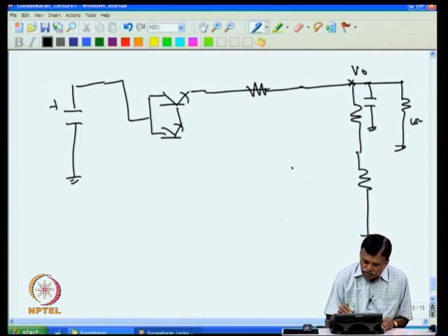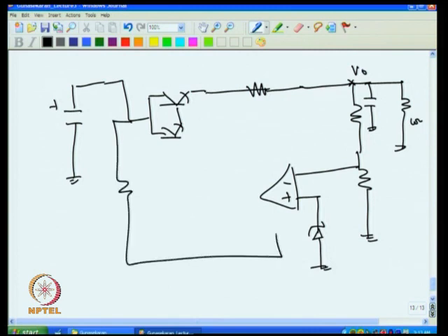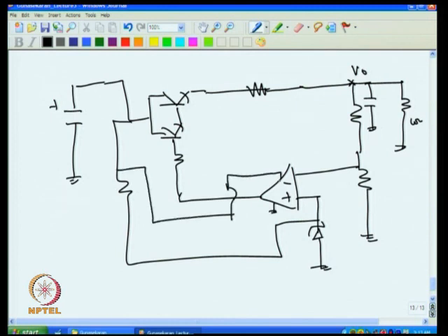Now I put the regulator here. So that is to be biased, so that I can do this, then this, and this is grounded here, and then we give a supply to the op-amp like this.